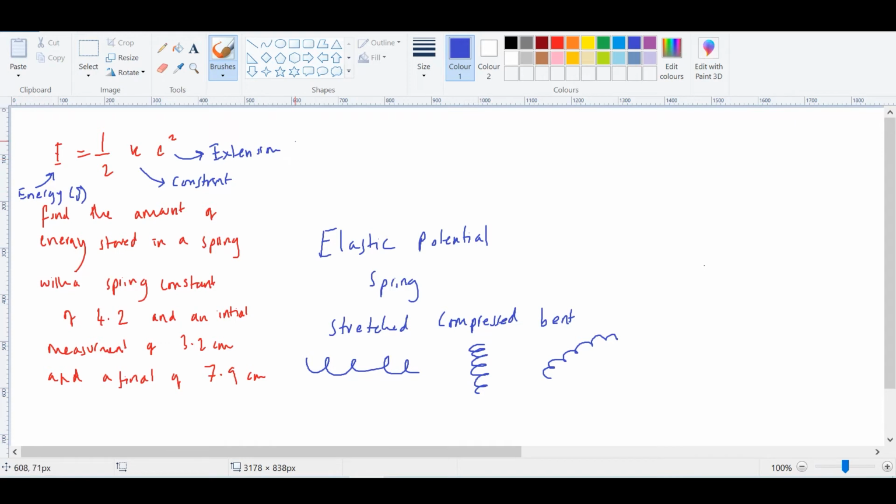Extension is in meters. So straight away we know that there's going to be some conversion involved.